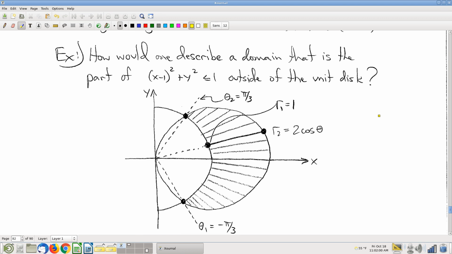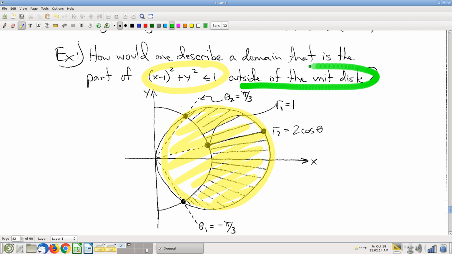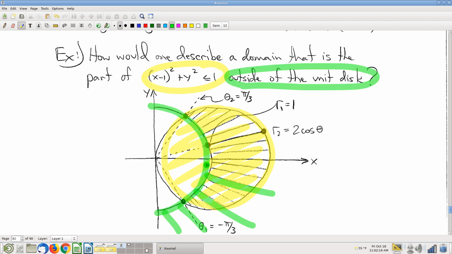Suppose I'm looking for the part of this disk that is outside of the unit disk. Right? So I'm looking for the part of the yellow region that is also in the green region.